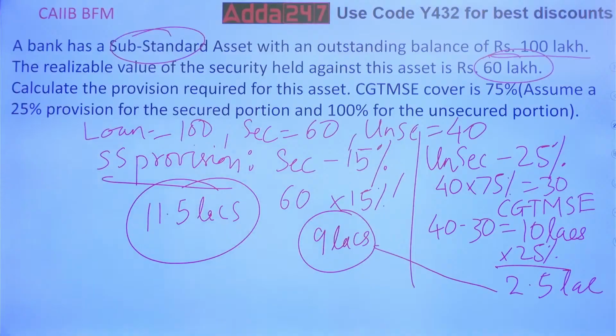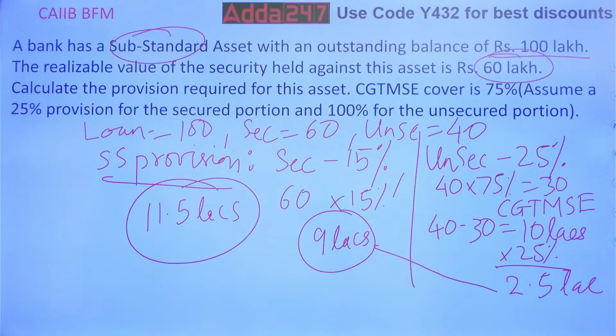Everyone pay attention very sincerely. This is my total provision. Got it, everyone? 11.5 lakhs is my total provision. Assume 20%. We are in substandard, no?